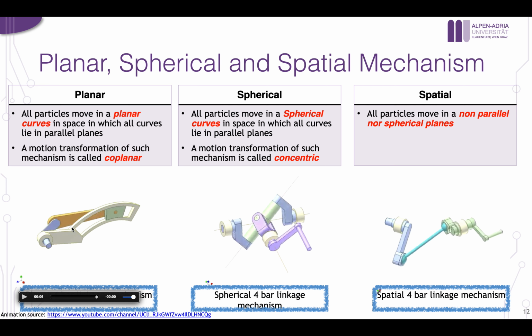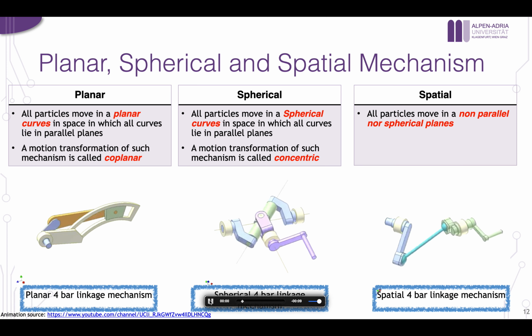And the second type is called spherical. Now it's a bit more complicated because all particles, or actually objects or links, move in spherical curves like we see here. Let's look first at these three main joints. We have this one, this second one, and this third one.